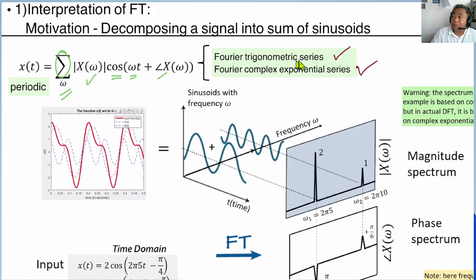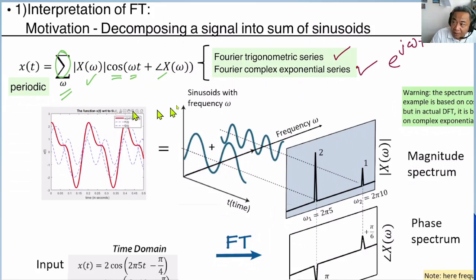In trigonometric series, they are using cosines and sines of the particular frequencies to generate the corresponding phase shift and the magnitude. The complex exponential is a little bit more advanced. It actually uses exponential e to the j theta or e to the j omega t to represent cosines and sines. We'll see a detailed description later on.